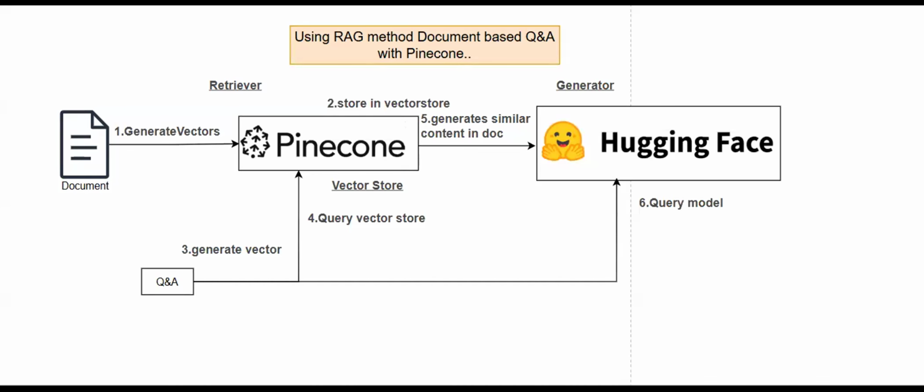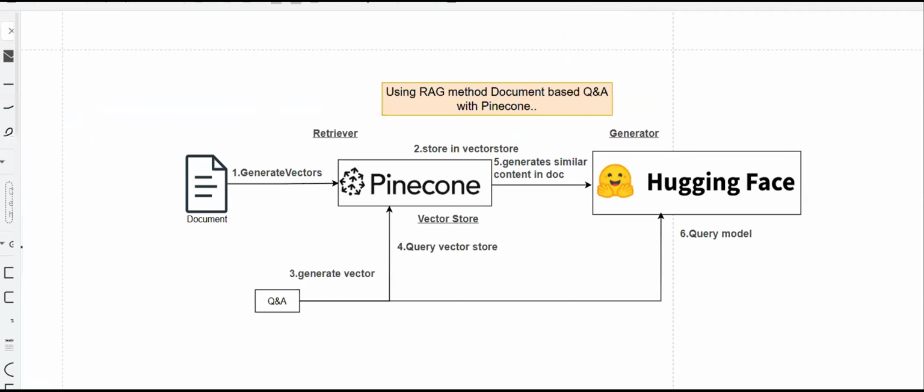You might have a question in your mind: let's say I do not have the document related to the particular question, then what happens? Based on the query that you perform, it will provide you a response based on whatever content it retrieves.